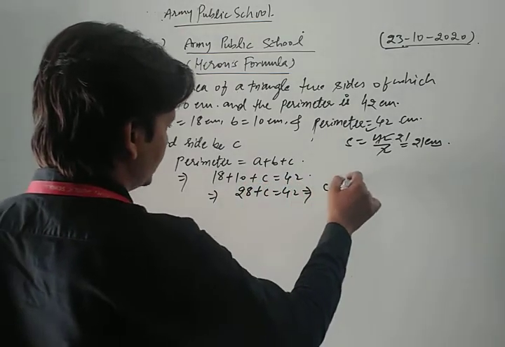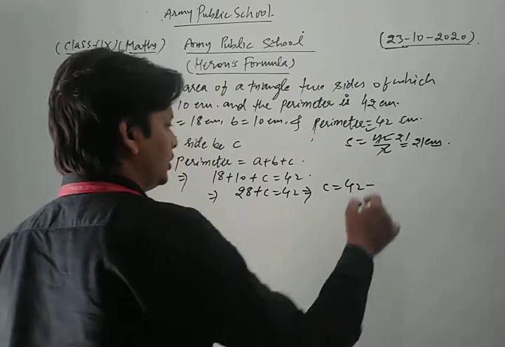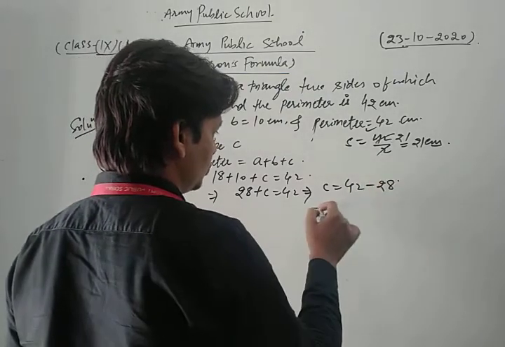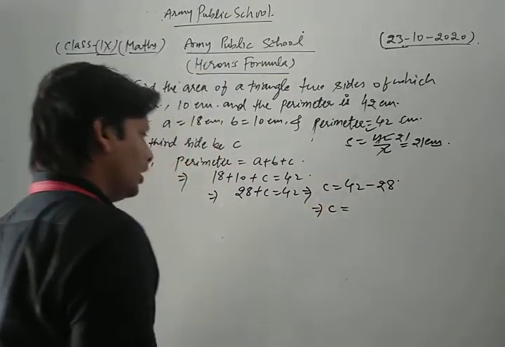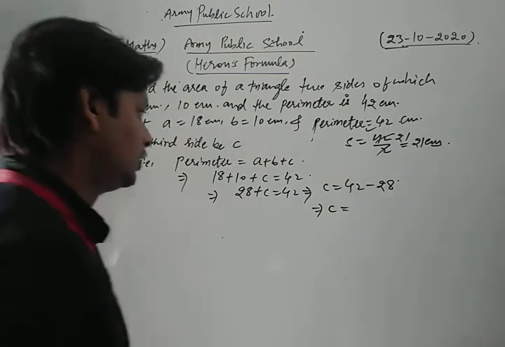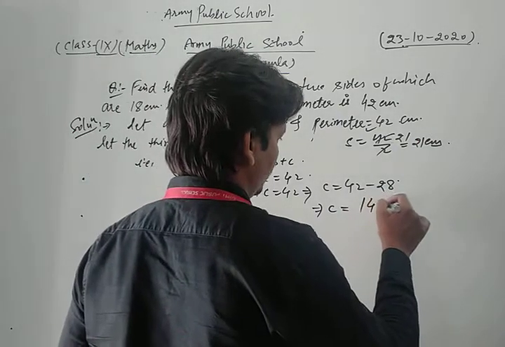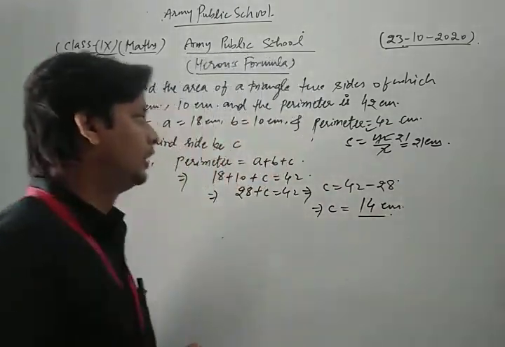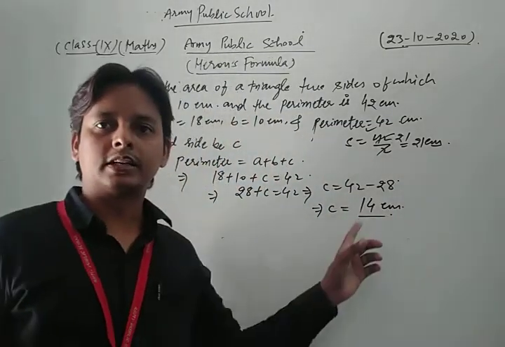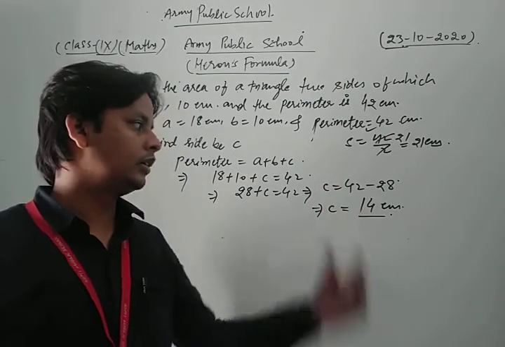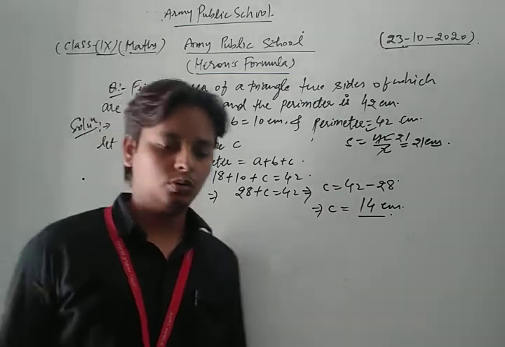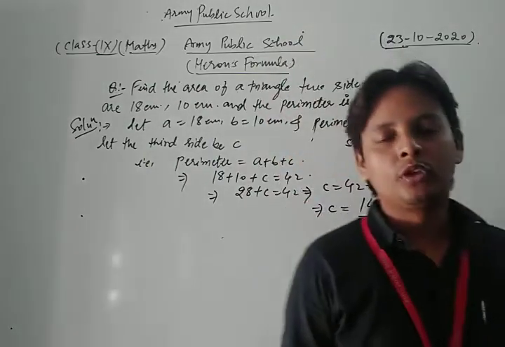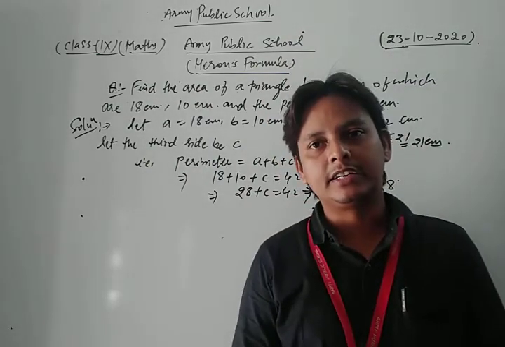So the value of C is 42 minus 28, which is 14. So the third side of the triangle is 14 centimeter.